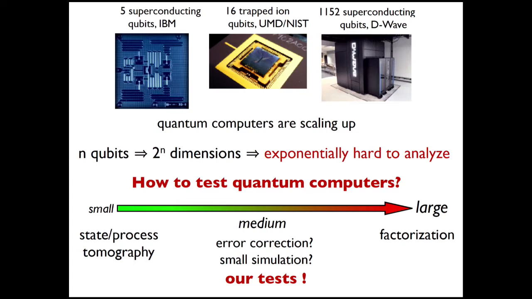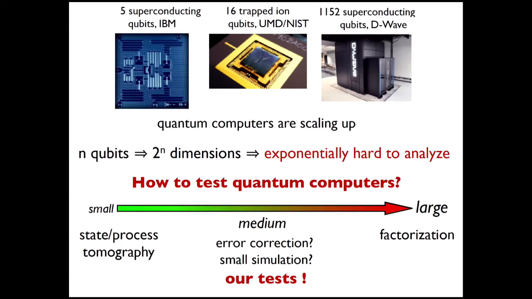For large-scale quantum computers, the answer of the underlying algorithm is usually easy to verify, like in the case of Shor's factoring algorithm. But for quantum computers in the medium-sized zone, both tomography and simulation become impractical. And also, the system is too small and too noisy to run algorithms with easily verified answers.